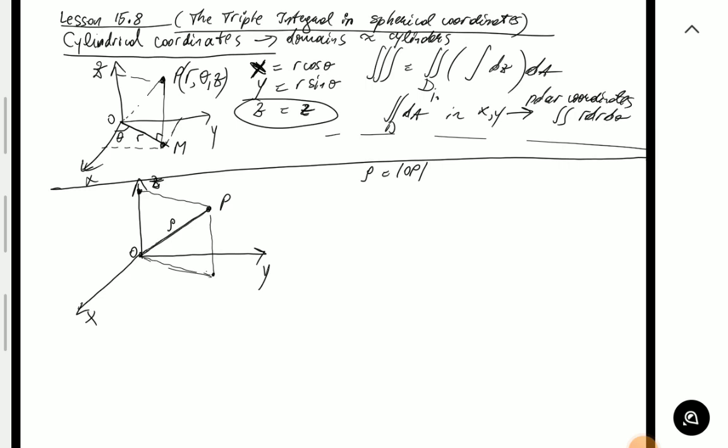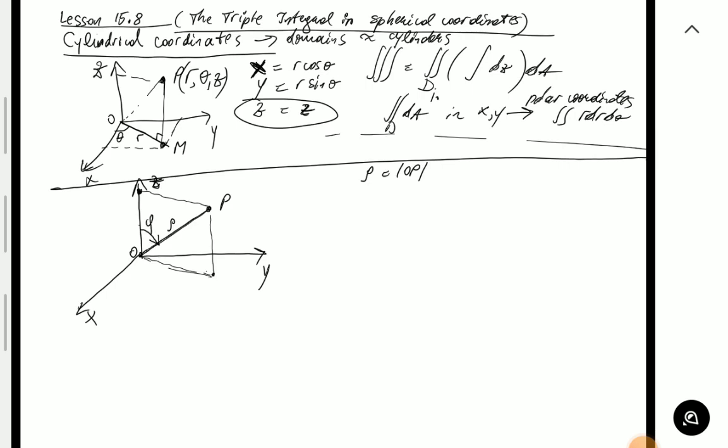Okay, another coordinate that identifies the point is going to be the positive angle from the positive semi-axis z. So from the positive z semi-axis, measure the angle all the way to OP and call this angle phi.